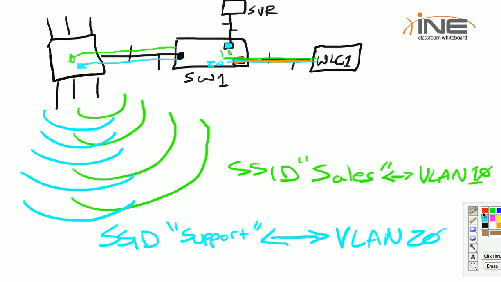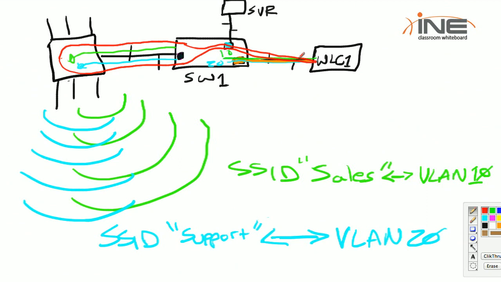Okay. So how does the traffic get from the AP? Well, remember that we are encapsulating everything in a CAPWAP, or again, LWAP was the older fashion.